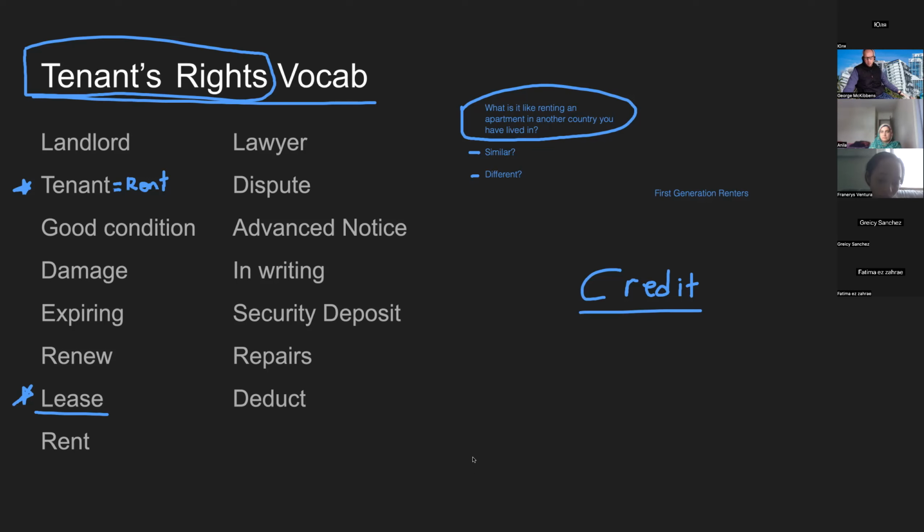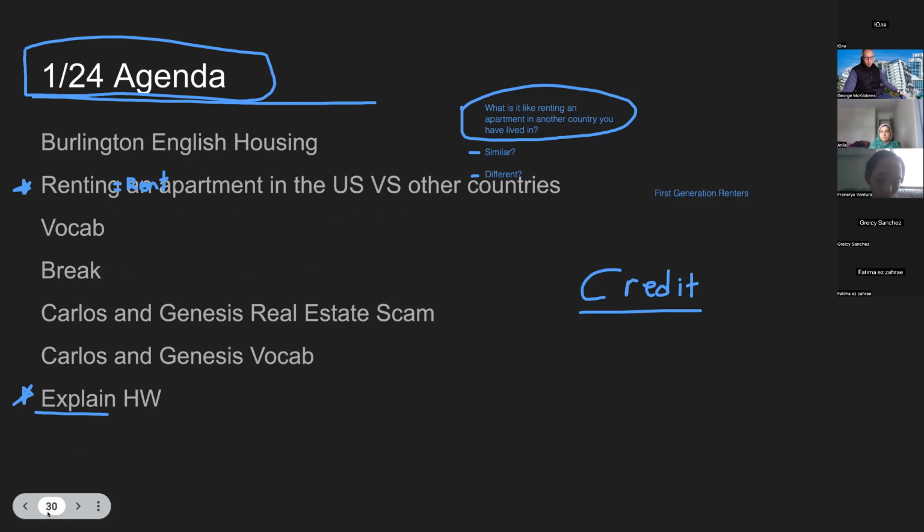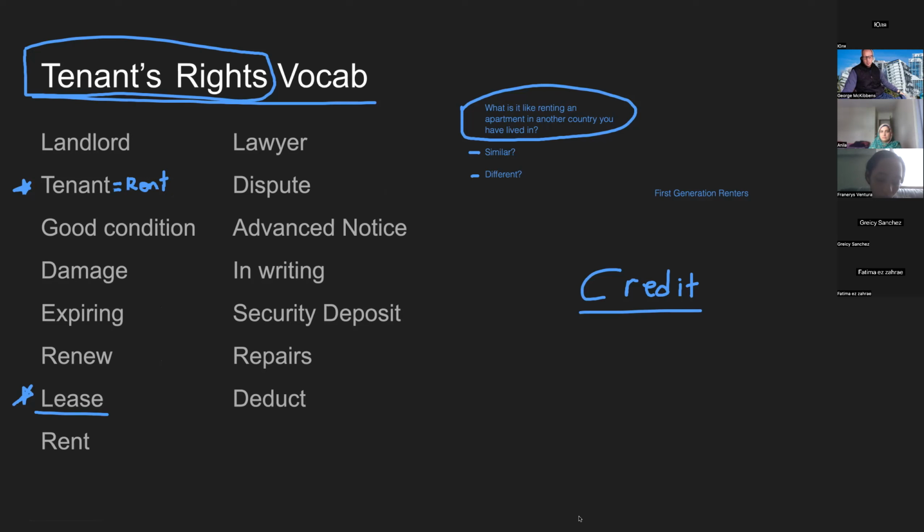I understand. If you have money, it's a kind of loan. You give your money to the owner, they spend the money, right? And then you live in their house for 1 year, 2 years as a contract. And when you finish your contract, they give your money back.